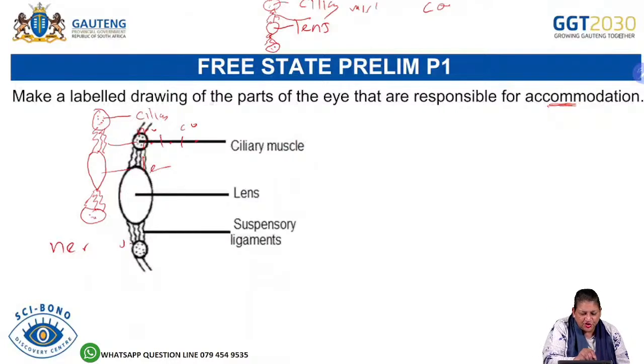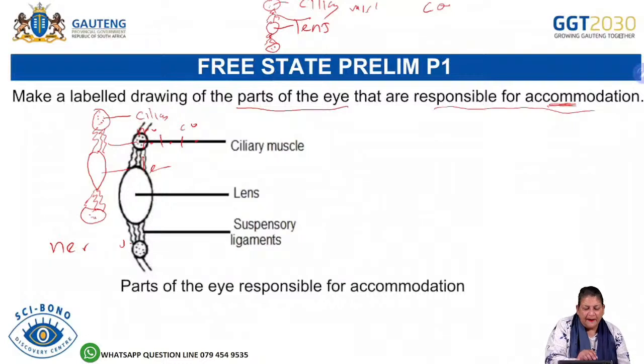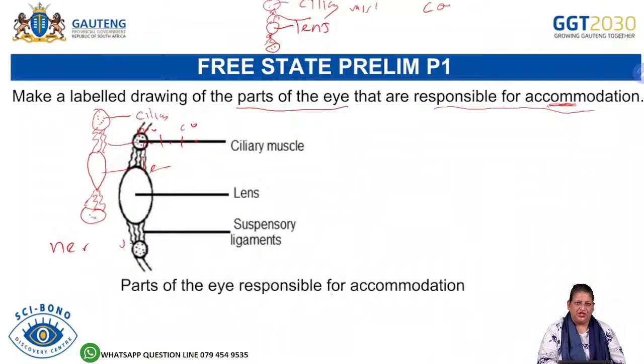They didn't tell me near, they didn't tell me far, so I must just label the parts that are involved. A ciliary muscle, a suspensory ligament, and a lens, and then obviously I must be able to write down the heading, parts of the eye responsible for accommodation.